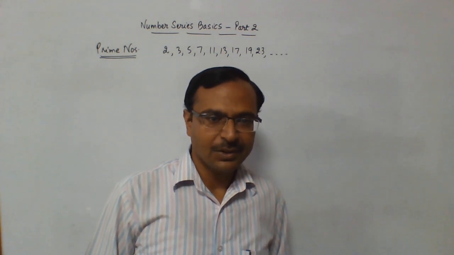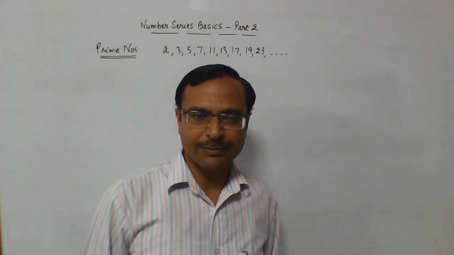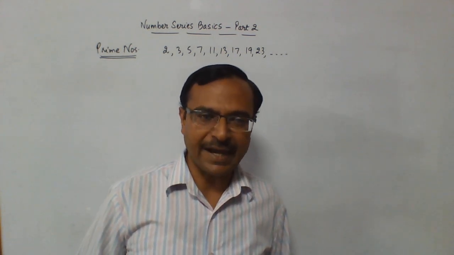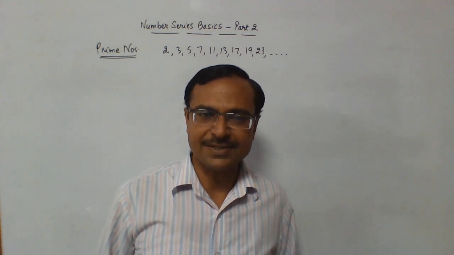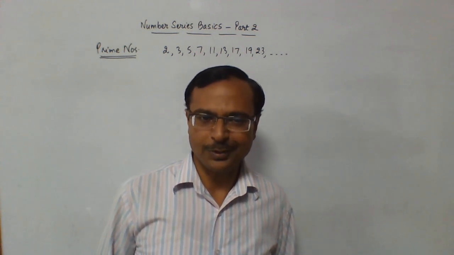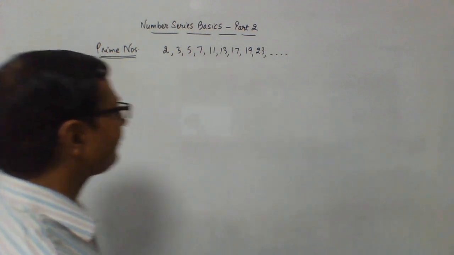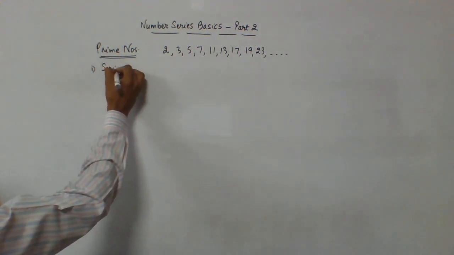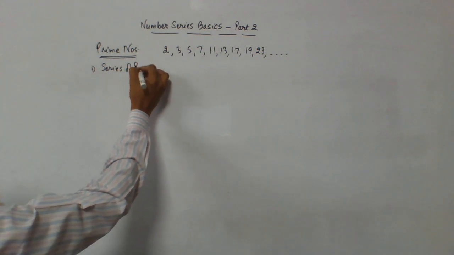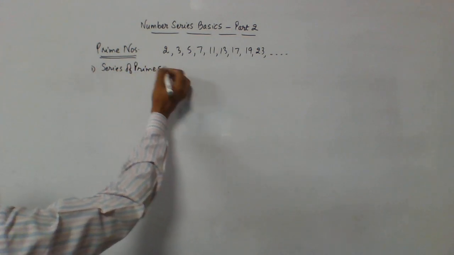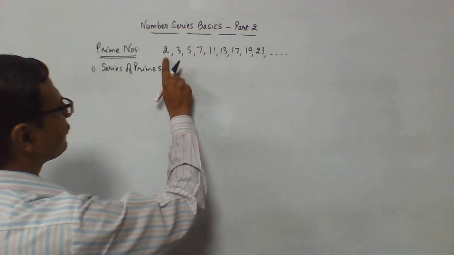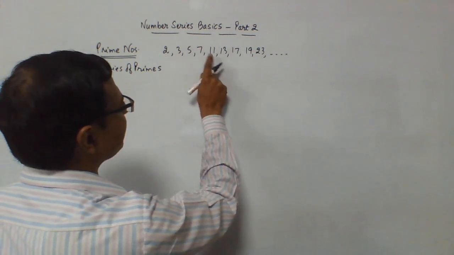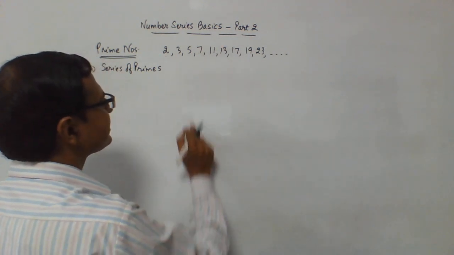And how do you tackle problems of prime numbers? And what is the variety of questions you can be asked in such a type of question? The first type of questions is the series of primes itself. Now see, when you are given a series of primes starting from 2, like 2, 3, 5, 7, 11, blank, you know that it is 13.